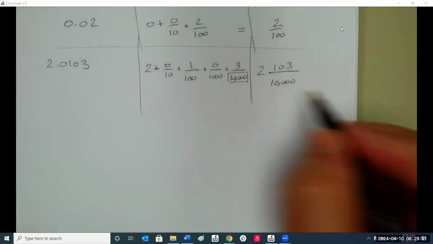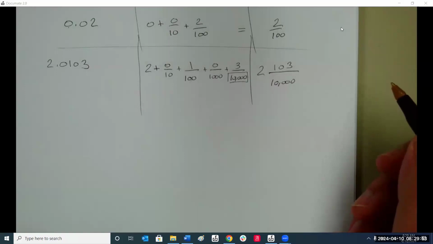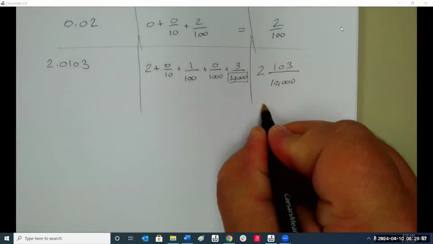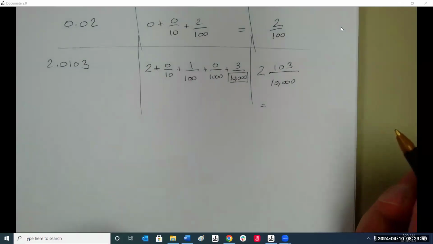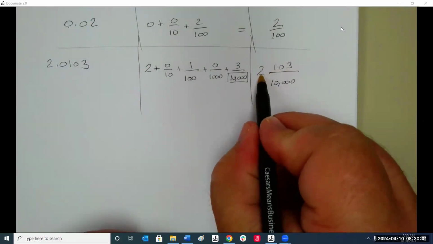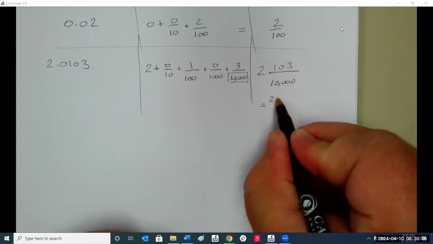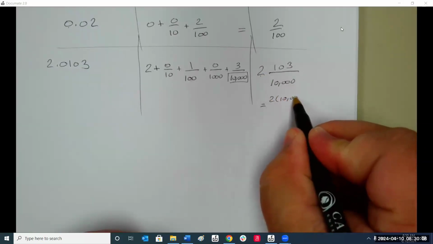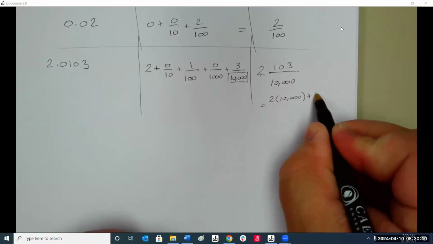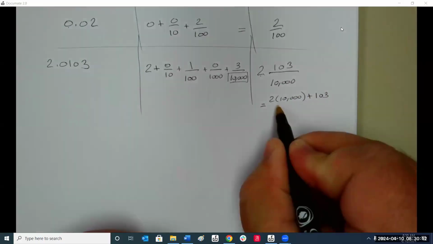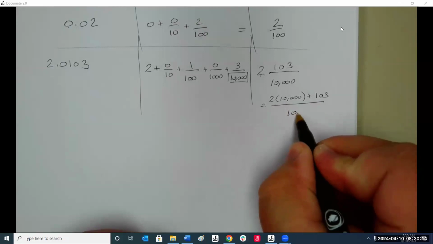So how do we convert this to an improper fraction? You got 20,000, because we have 2 times the bottom number plus the top number all over the bottom.